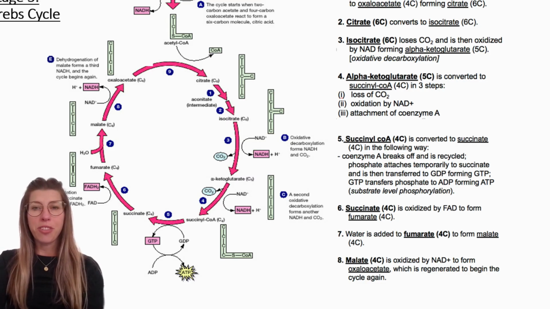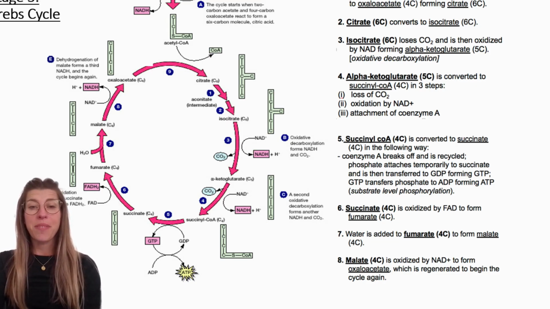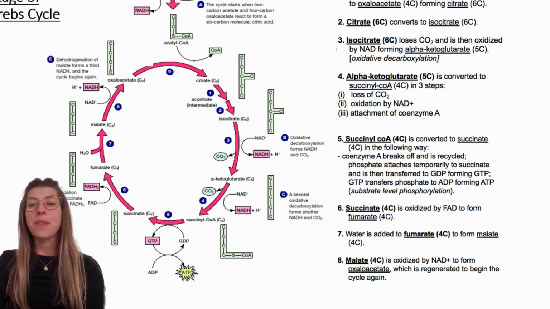All right, you guys still with me? Let's move on to step 4 in the Krebs cycle. So we're almost halfway there. So that alpha-ketoglutarate, which is the 5C compound, is converted to succinyl-CoA, which is a 4C compound. Okay, and this happens in 3 steps in this stage, part 4.